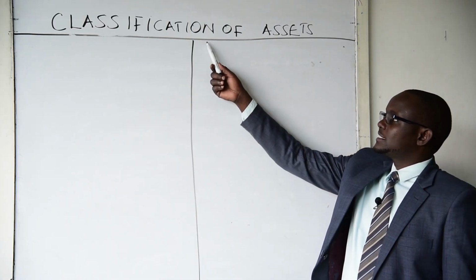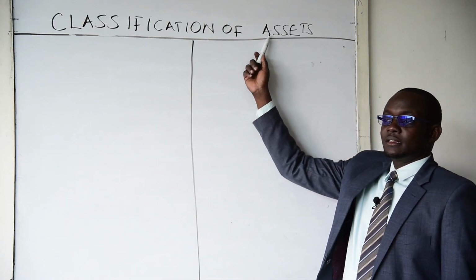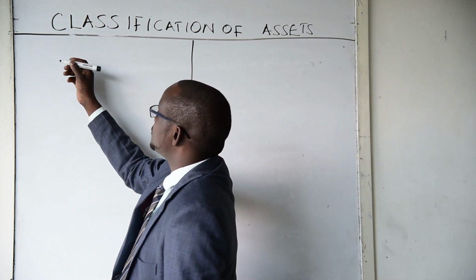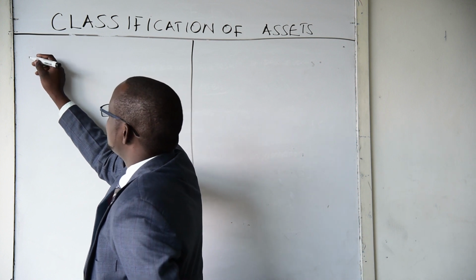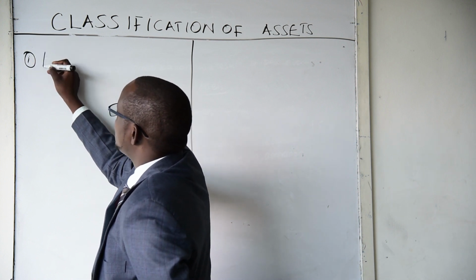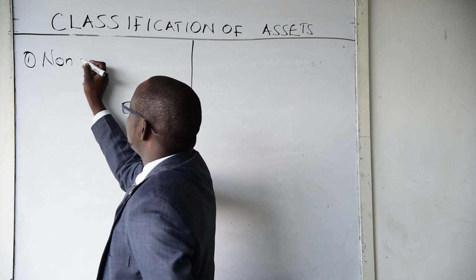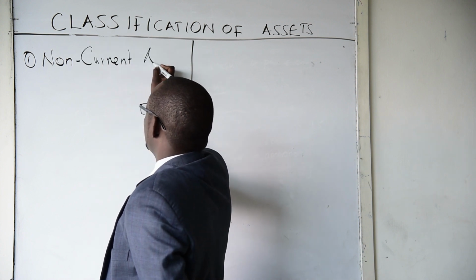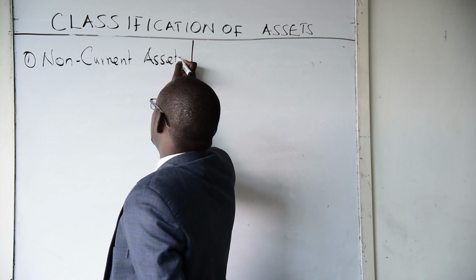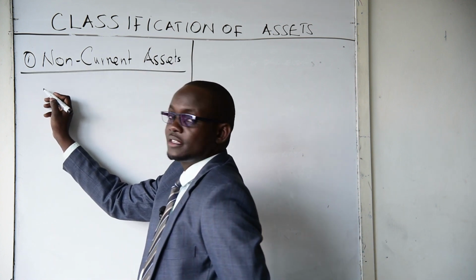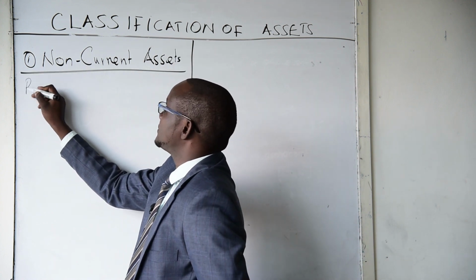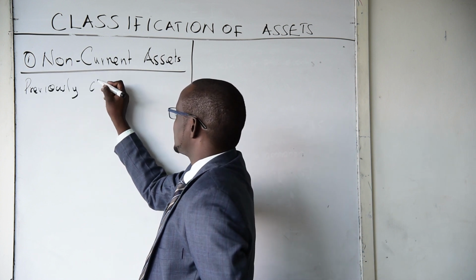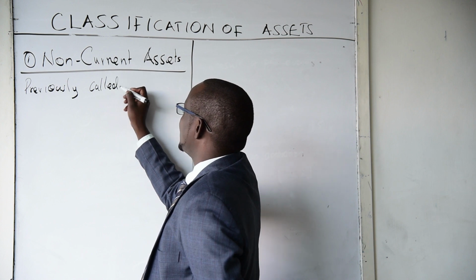Let us look at the classifications of assets. Assets can be classified into two broad categories. One, we have what we call the non-current assets. These were previously called fixed assets.